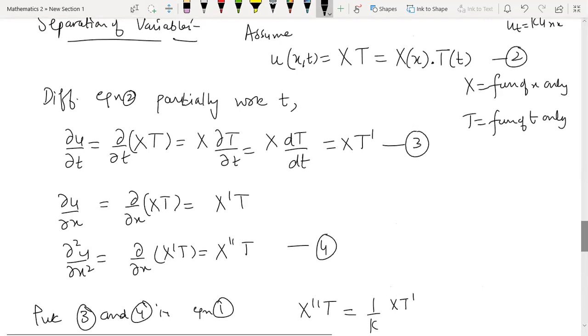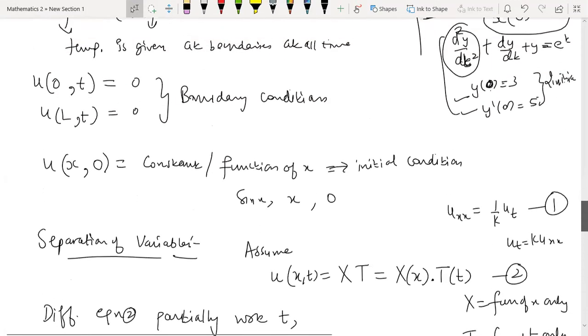Firstly, we are working on finding capital X and capital T. So I need to first convert the boundary conditions also in terms of X and T. And since T has nothing to do with the boundary conditions, T being a function of time, the boundary conditions are going to be translated purely in terms of X. You will see that yourself.